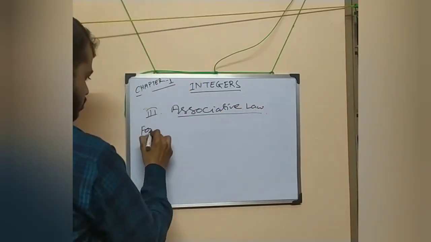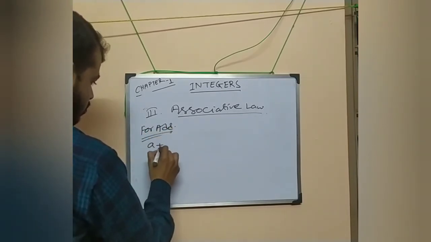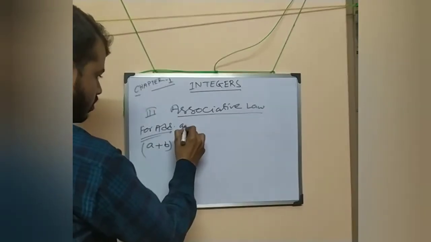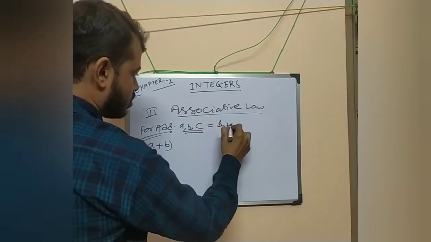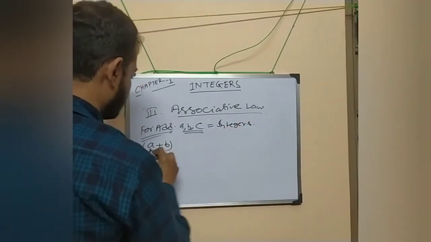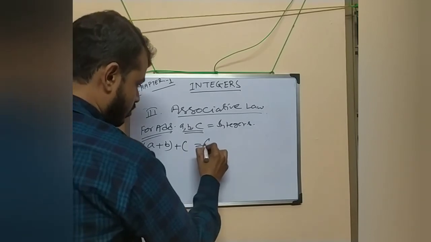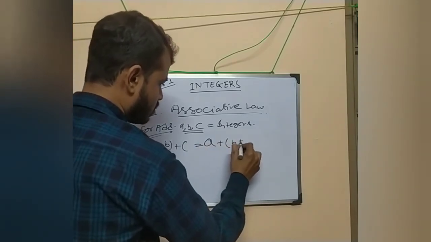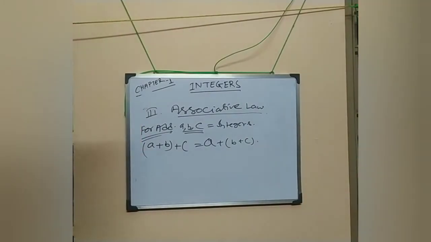For addition we see, if a, b, c are three integers and we take the first two and then c, then we have a plus b plus c. So for addition the associative law holds.